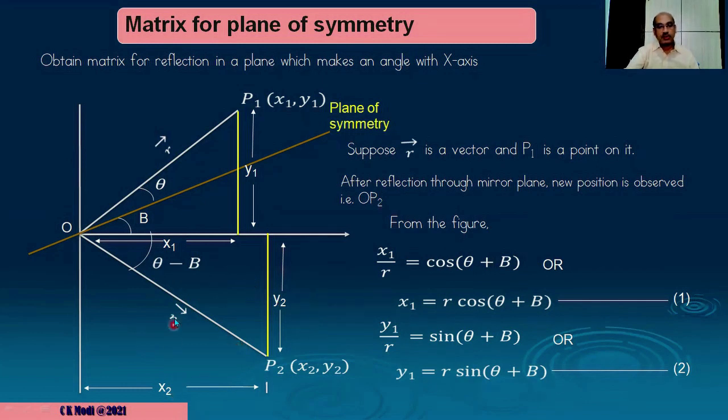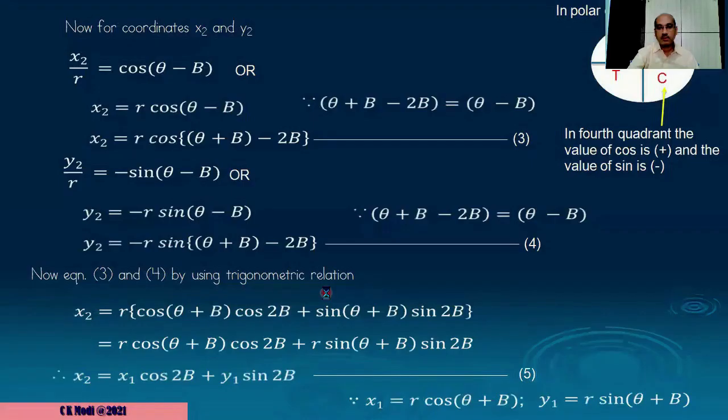So what is the value of x2 upon r? x2 upon r is equal to cos(theta minus b). So this is the angle cos(theta minus b), and y2 upon r is sin(theta minus b). But what will happen here?